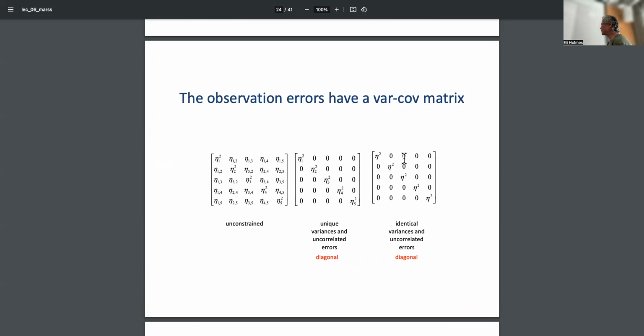Right, that's a really good question. You see these numbers 1, 2, 3, 4, 5. I could say that these 1 and 1 are the same variances, and these are all different. Yeah, in practice that comes up not infrequently.